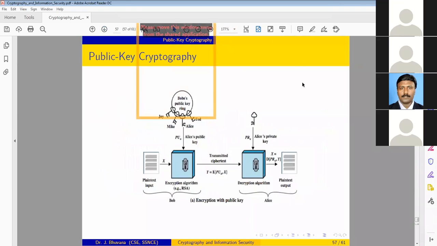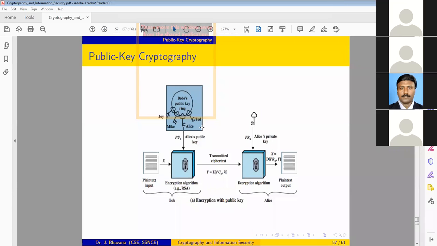So let us see a model for public key. Just as we saw a model for symmetric key, we see a model for the public key. You can see a ring here. If I own a ring, what might I have in that ring? My own private key and my own public key.